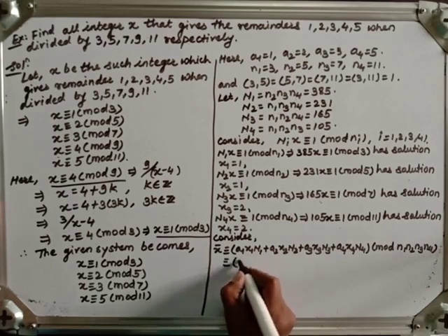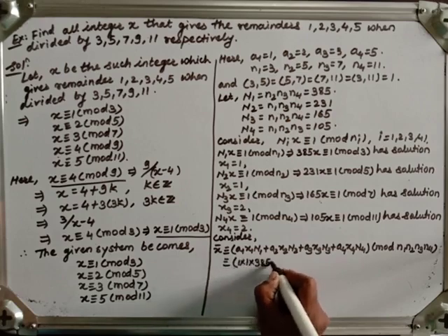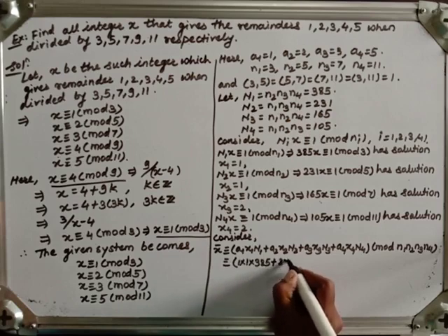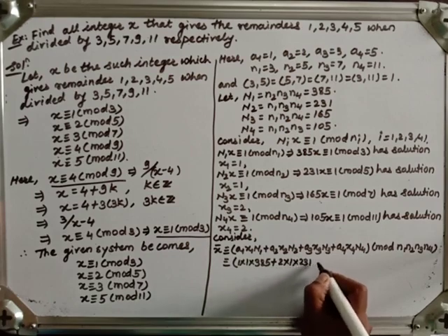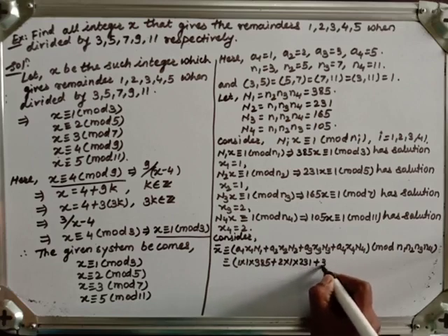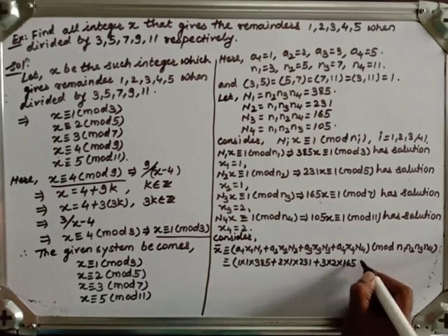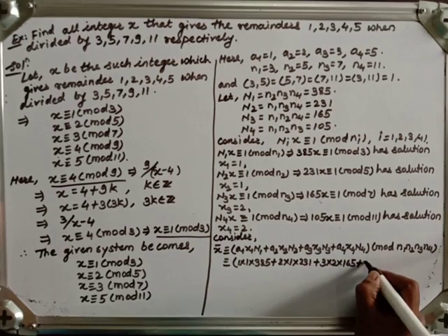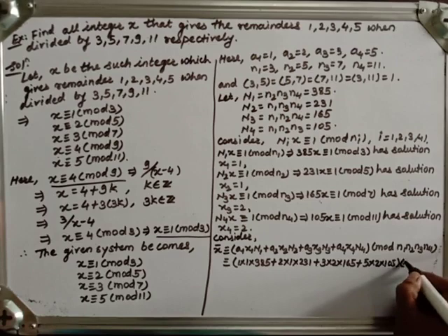So it is equivalent to 1 into 1 into 385 plus 2 into 1 into 231 plus 3 into 2 into 165 plus 5 into 2 into 105 modulo n1 n2 n3 n4.